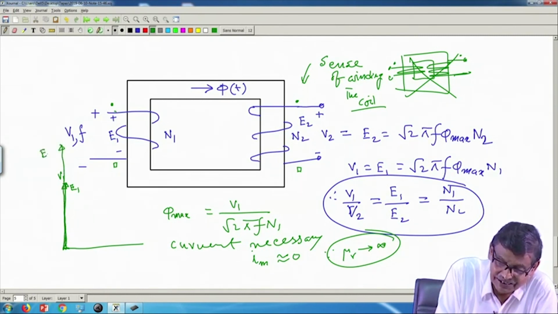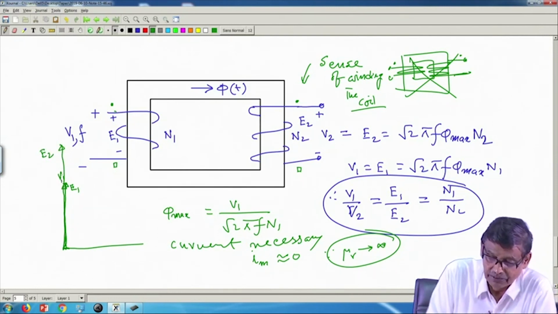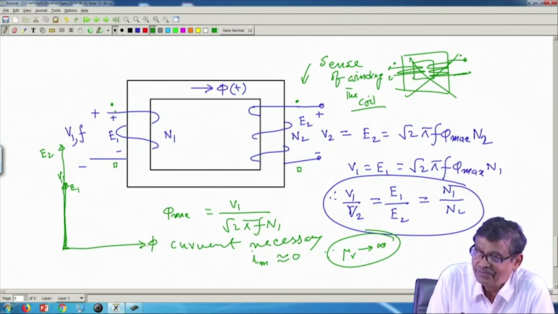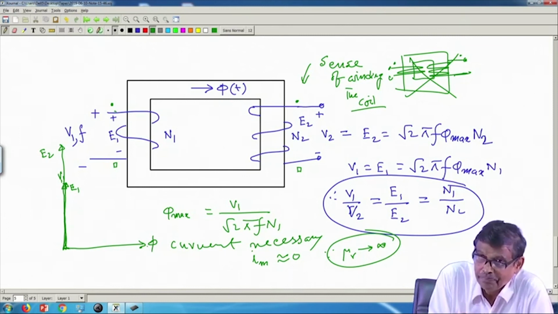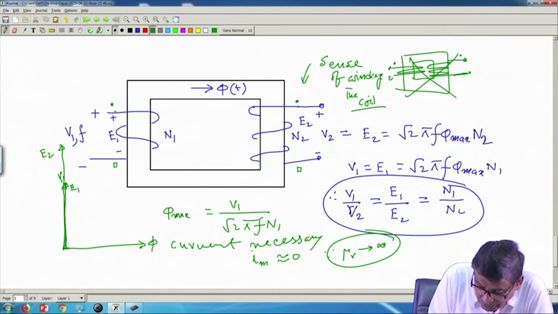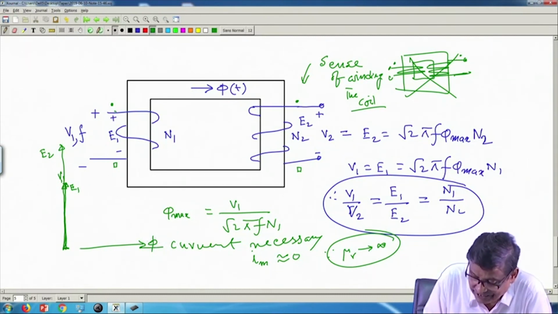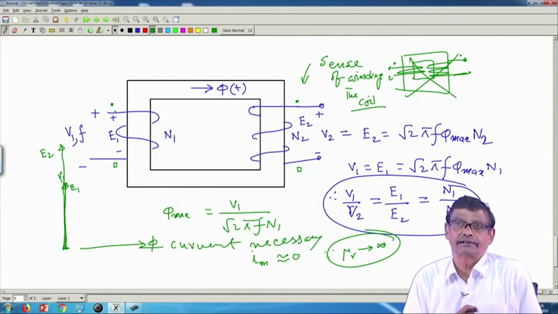All voltages, induced voltages and applied voltage V1, will be in time phase, and this is the direction of phi. Why phi? Because phi is proportional to Im; although Im is vanishingly small, it creates a finite flux. So, the flux phasor will be along this line. We will continue with this in the next lecture. Thank you.